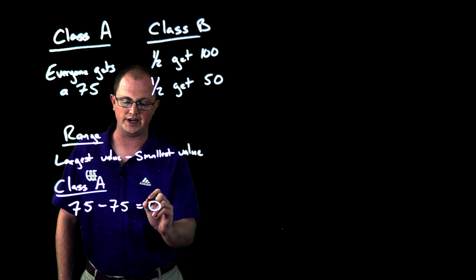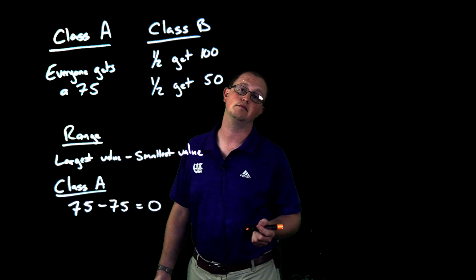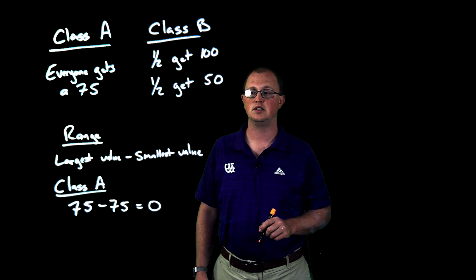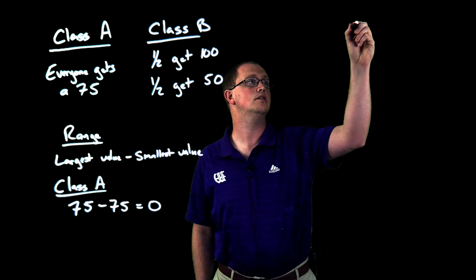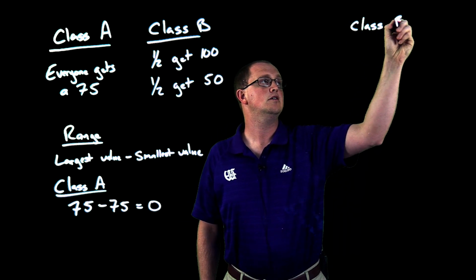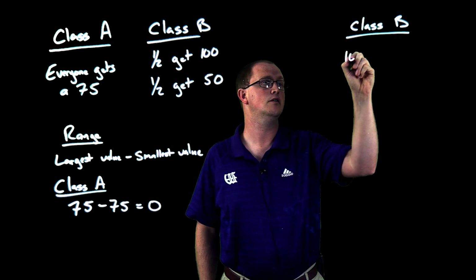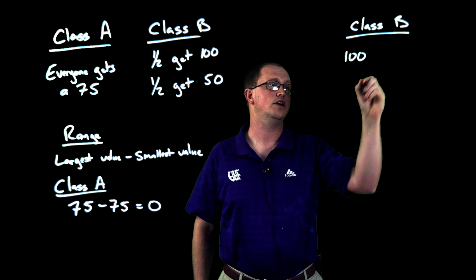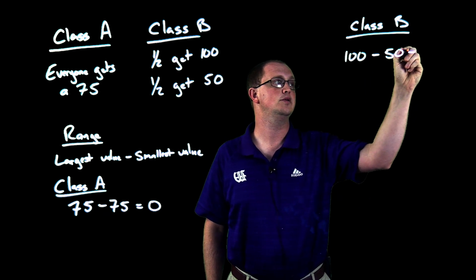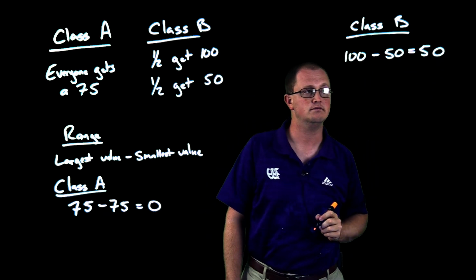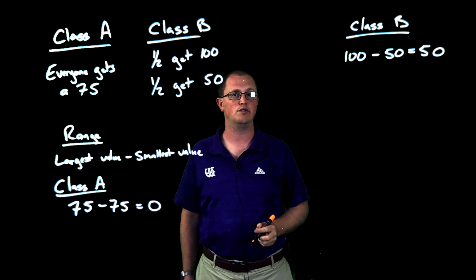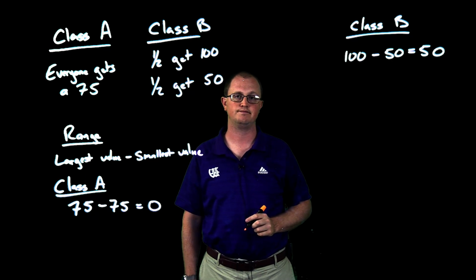So we get a range of 0, very low variability. Whereas for class B, the largest value is going to be 100, and the smallest value is going to be a 50. So we get a range of 50. So it shows that there's more variability in class B.